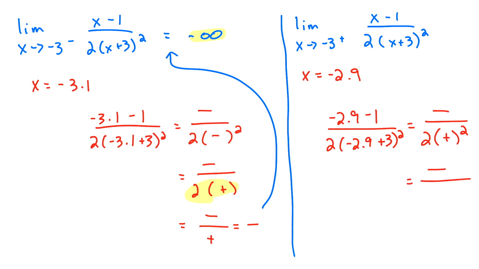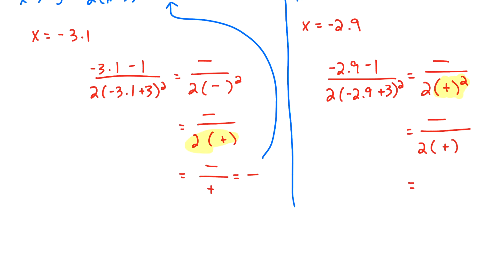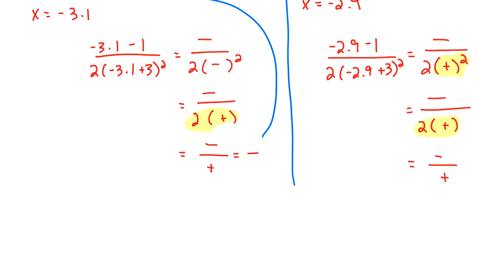So make sure we follow our order of operations here. If I take a positive number and square it, I'm going to end up with another positive number. And then if I take 2 times a positive number, a positive 2 times a positive number, I'm still going to end up with a positive number. So I end up with a negative over a positive, which gives me a negative number.